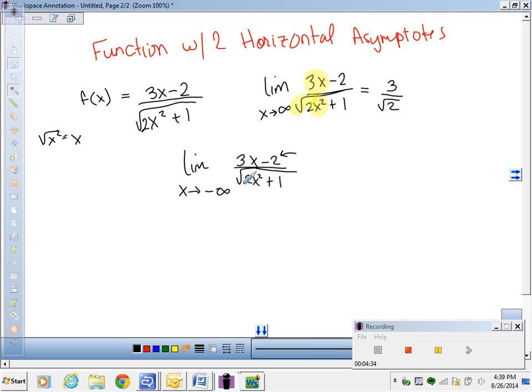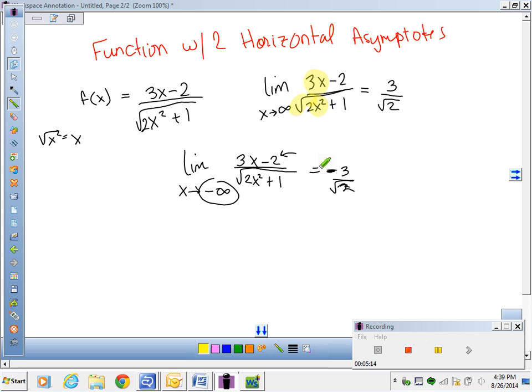I can't plug in negative numbers here. But what we're going to see is the same thing, except it's going to be negative this time: negative 3 over the square root of 2, because I am approaching negative infinity. The numerator is going to get more and more negative, but I can't do that to the denominator. So my numerator is negative, which is why we get a negative sign in my answer.